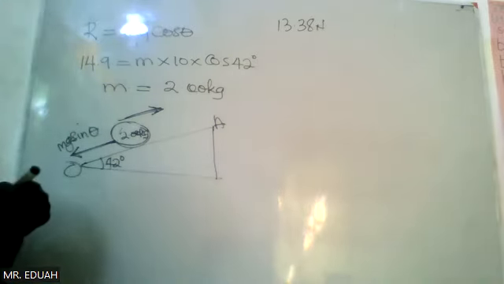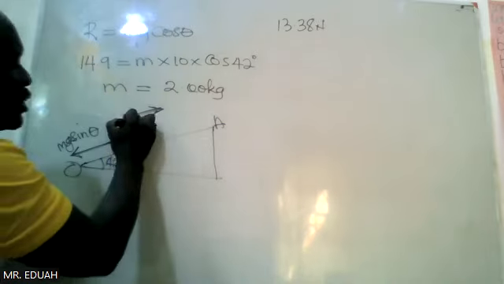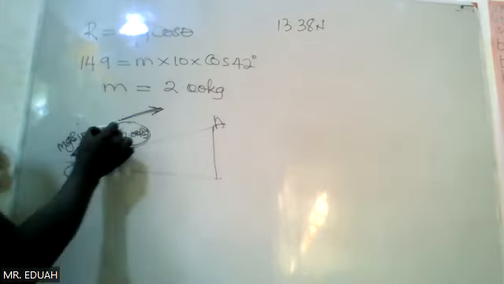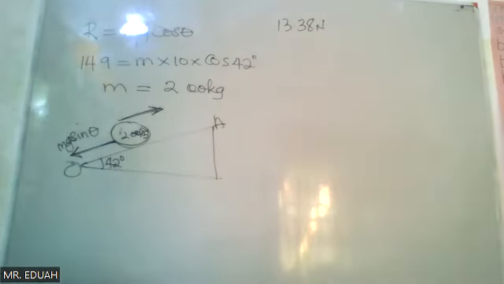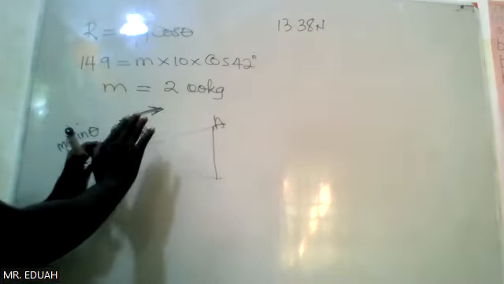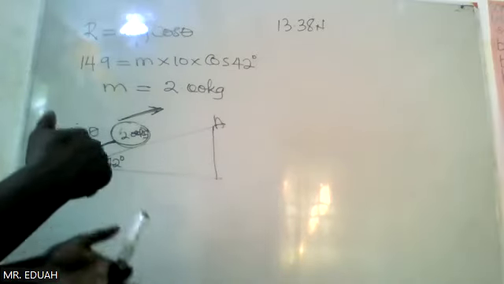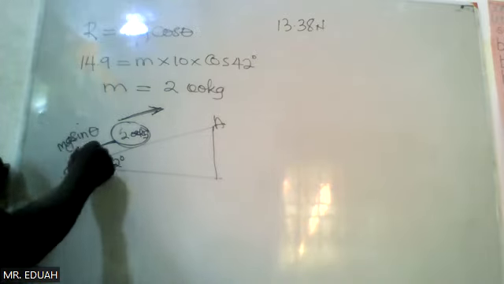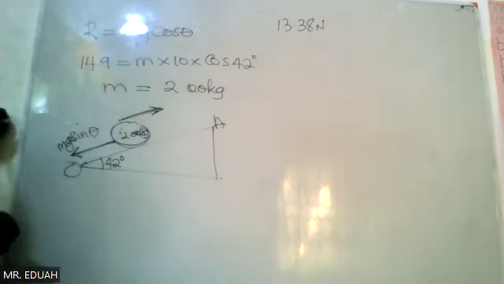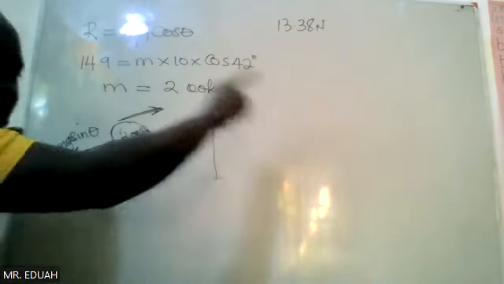Lizzie, will you apply a force greater than mg sine theta or a force equal to mg sine theta? You want to keep this at rest or stationary. Will you apply a force equal to the downward force or greater?